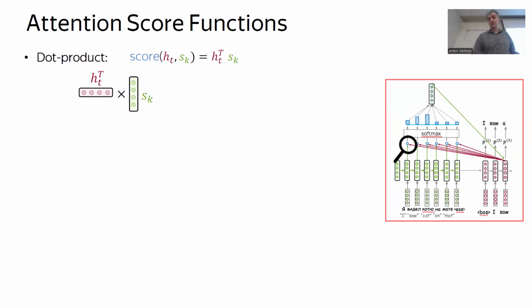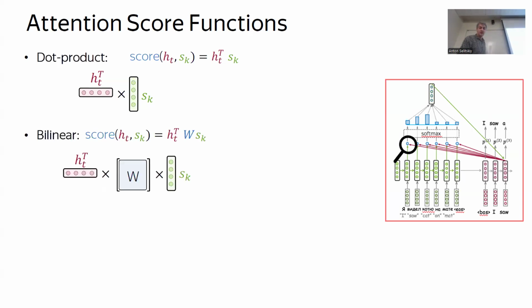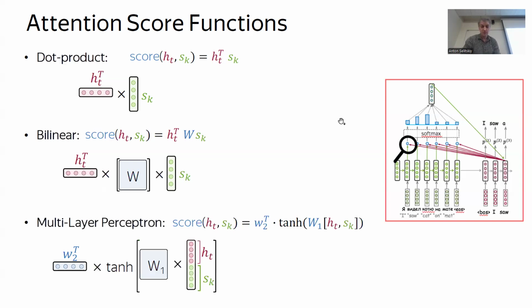You can also use different embedding shapes for the encoder and decoder. Then you can use matrix multiplication. If you multiply a vector by a matrix, you will get a vector, and then you multiply this vector by another vector. But now you will have some trainable parameters here.